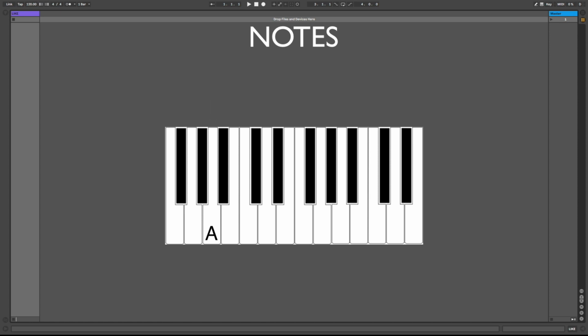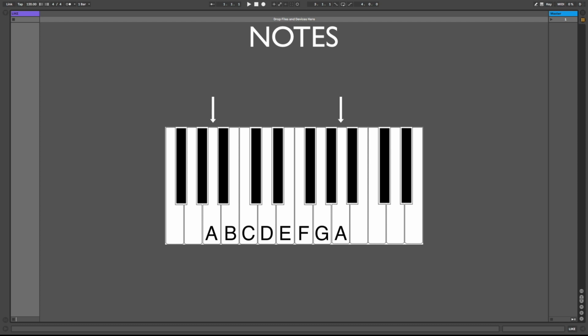A, B, C, D, E, F, G, and then A would repeat because this A is the same note as this A, but an octave higher.